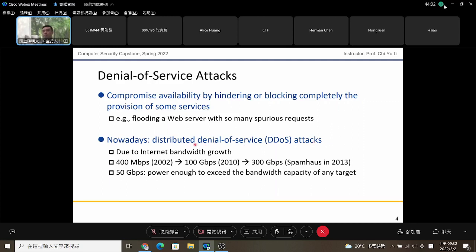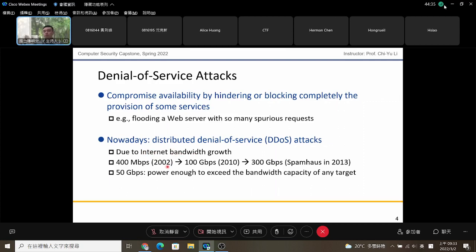Distributed means we launch this attack from many machines. So we try to aggregate the resource and the traffic from these machines to attack a single server or a single target, so that we can overwhelm the resource of that target. This is due to the internet bandwidth growth.